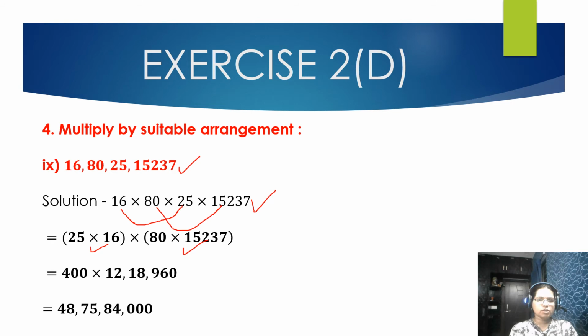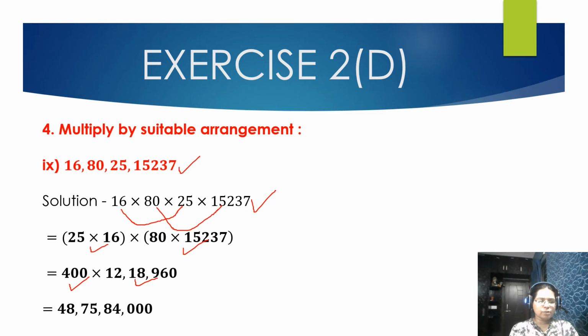25 multiplied by 16 we get 400, multiplied by 80 multiplied by 15,237. 400 multiplied by 12 lakhs 18,960.